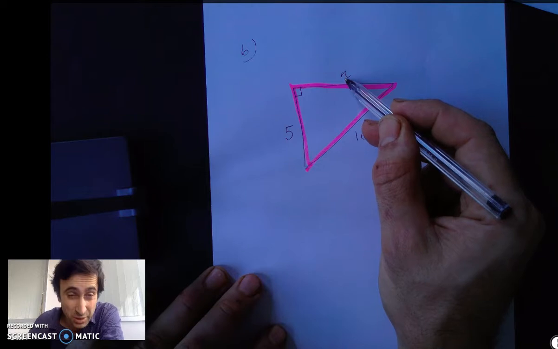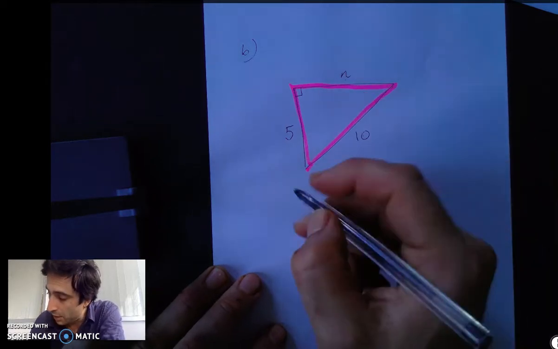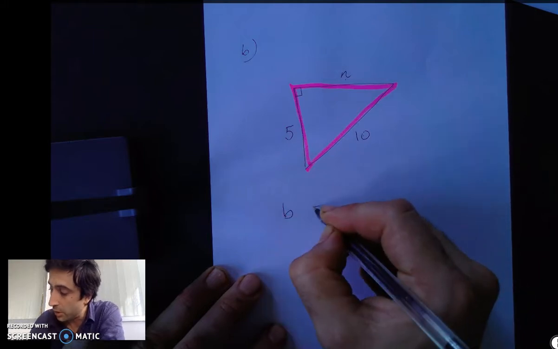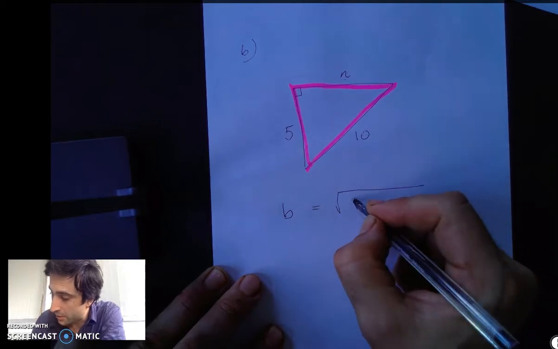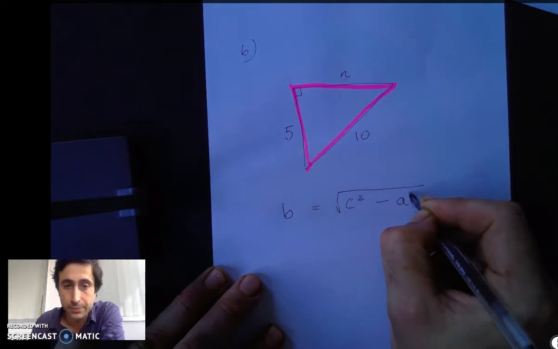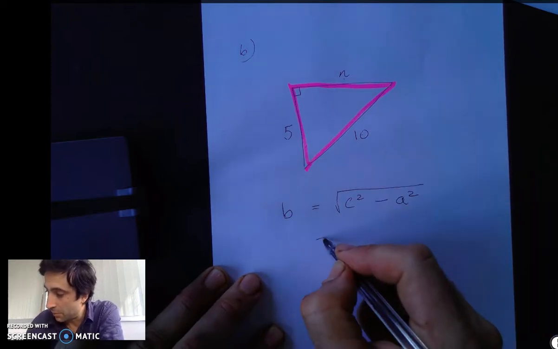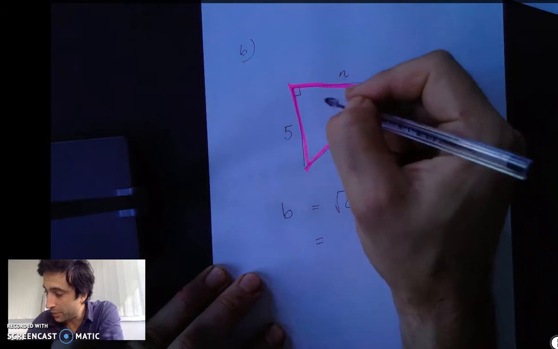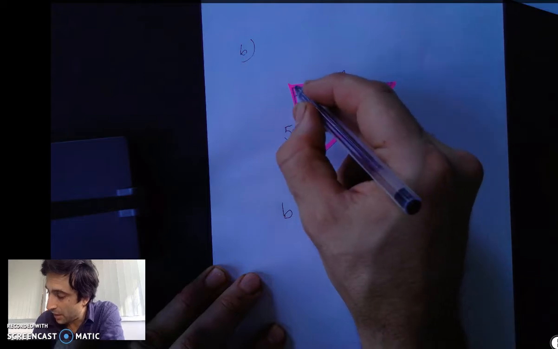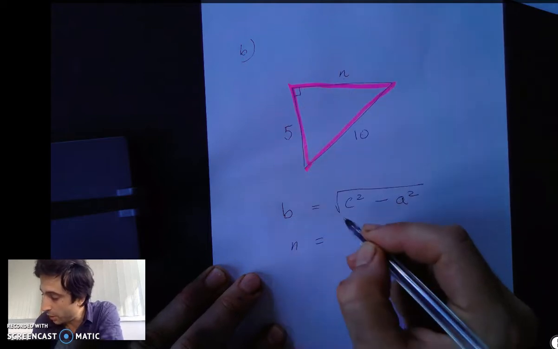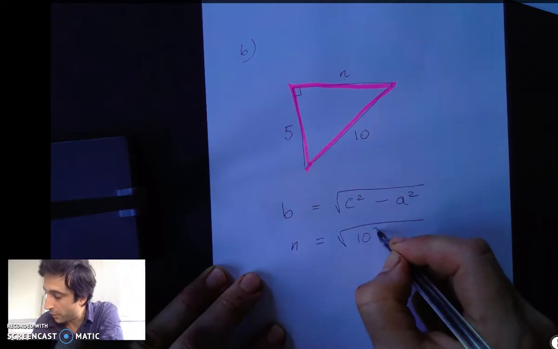So for the short side, we use the minus formula. b equals the square root of c squared minus a squared, which in this case, for the short side we're looking for, it doesn't matter which one's a or b, but for this one, n equals the square root of the long side, 10 squared, minus 5 squared.